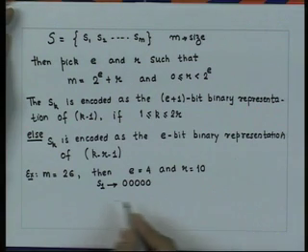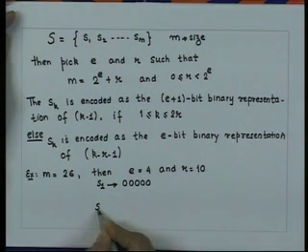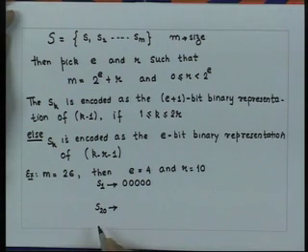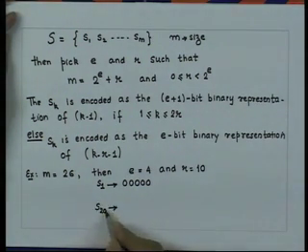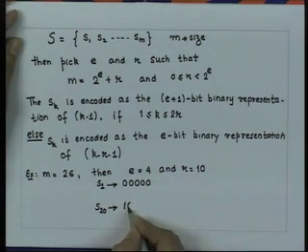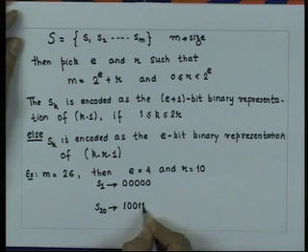Similarly, if I have to encode S20, which is again less than or equal to 20, I have to make the 5-bit representation of 20 minus 1, that is 19. So, that will be 1 0 0 1 1.